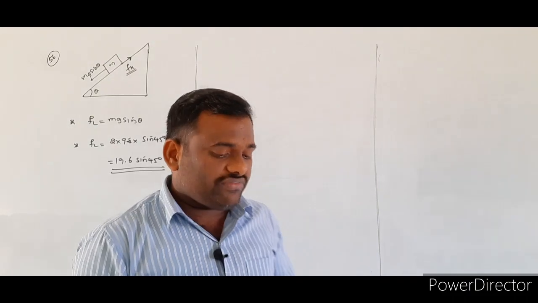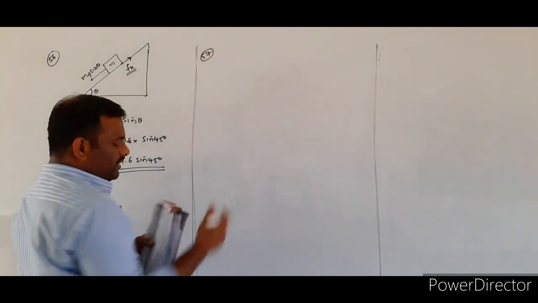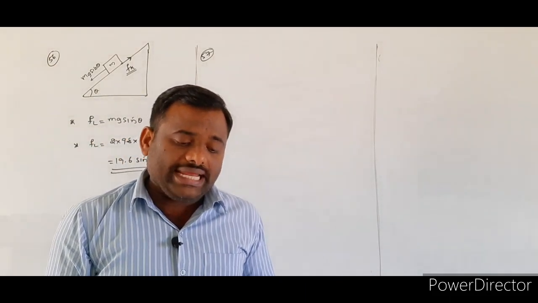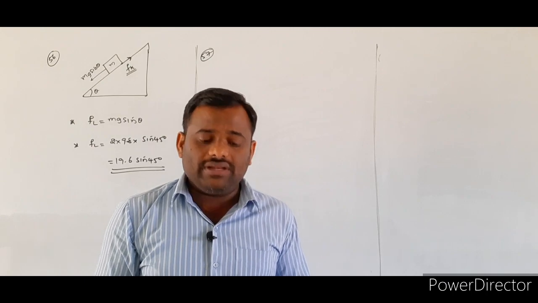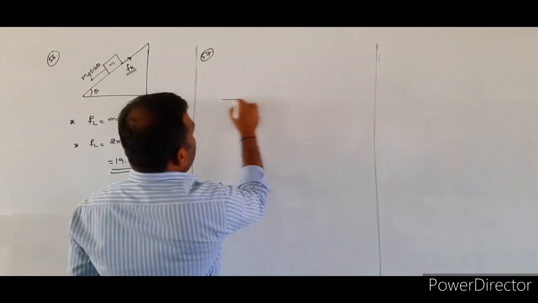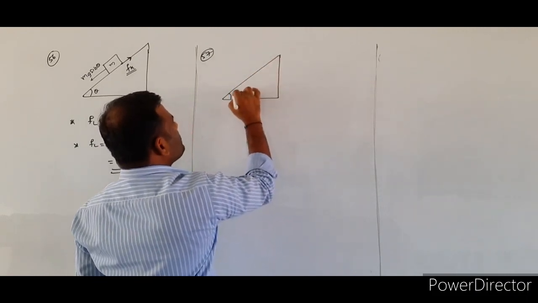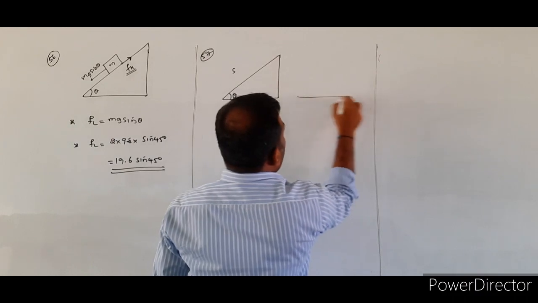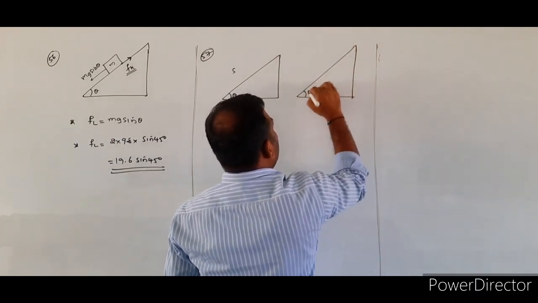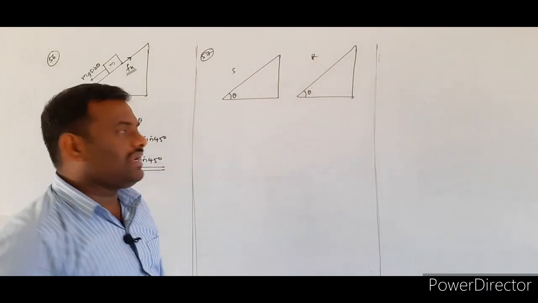Next, problem number 57, an important one. The lengths of the smooth and rough inclined planes of inclination 45 degrees remain the same. So here two different planes are considered: one is the smooth inclined plane, and the other is the rough inclined plane. S indicates the smooth inclined plane, R indicates the rough inclined plane.